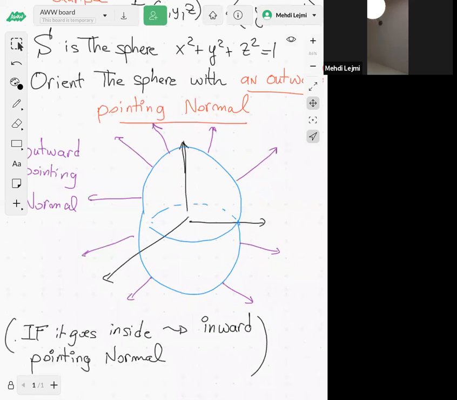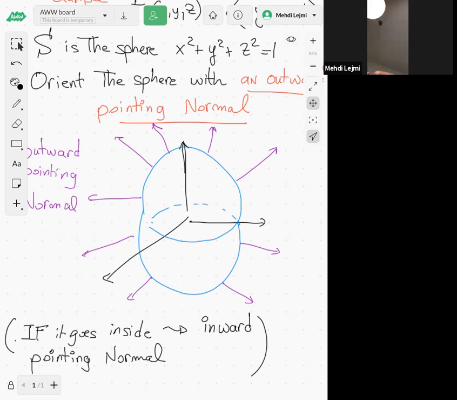So you have the sphere, which is your surface, and there are two possible orientations, given by the normal. Either your normal vector is outward pointing or it's inward pointing, right? And here we are saying that our normal vector must be outward pointing.